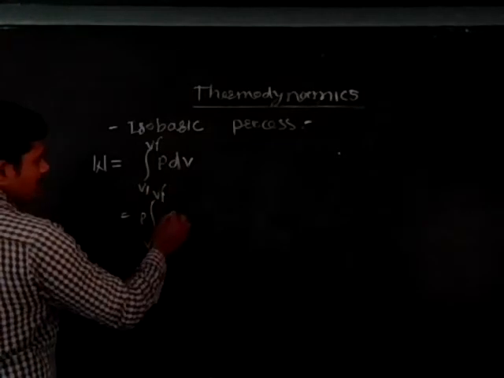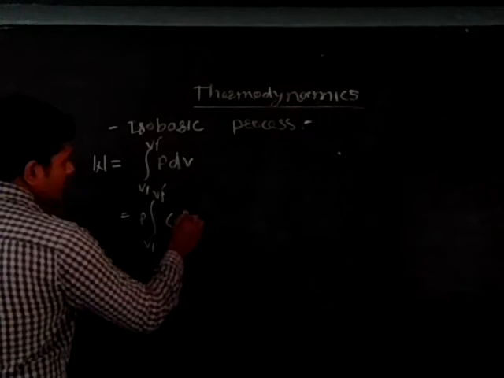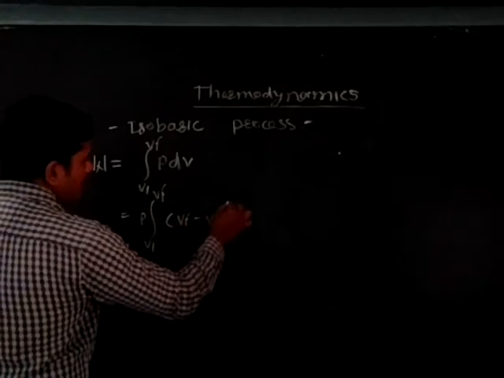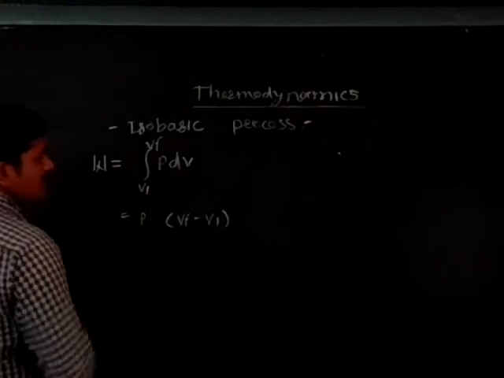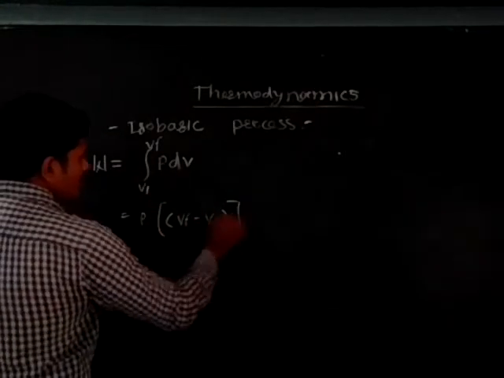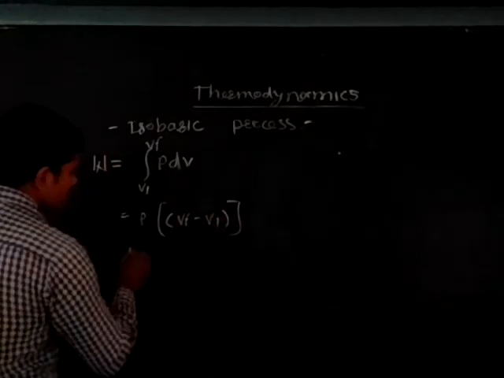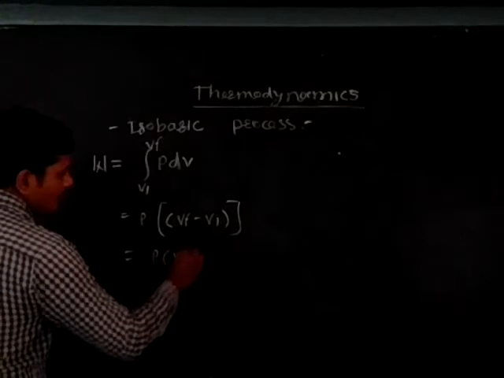So this can be written as dV, meaning the volume has changed, Vf to Vi. So this will be your final result when you have already put the limits. So this one I can write as P into Vf minus Vi.